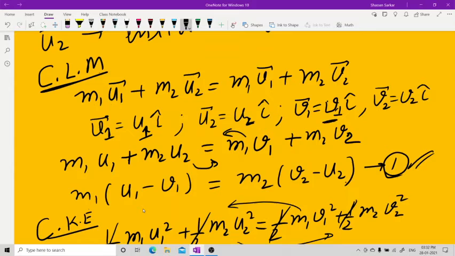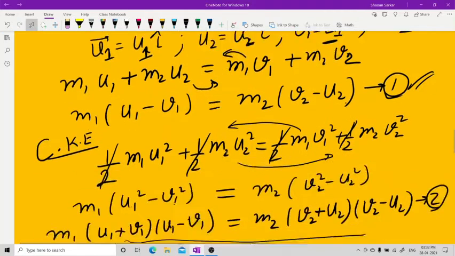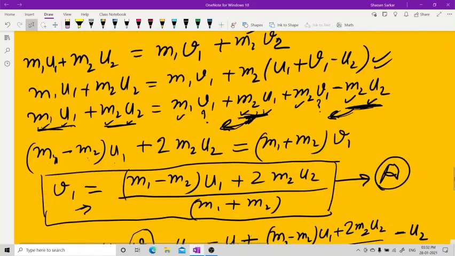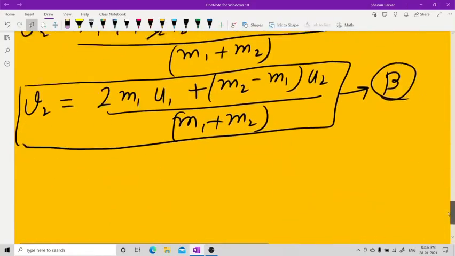Place here the value of v1 and place here the value of v2. You will get everything in vector form. That's all. Now this was done. Now we will do certain parts in this, some cases rather, with these two equations.